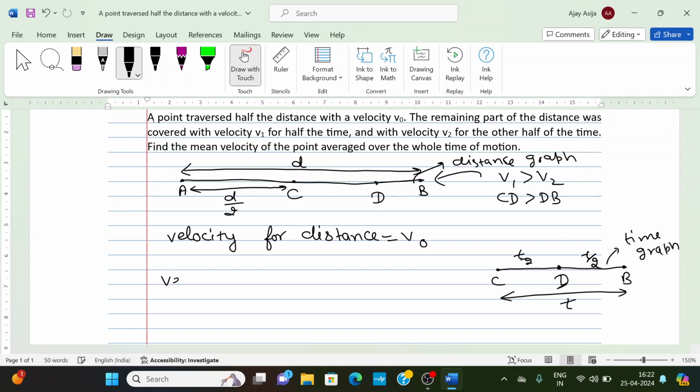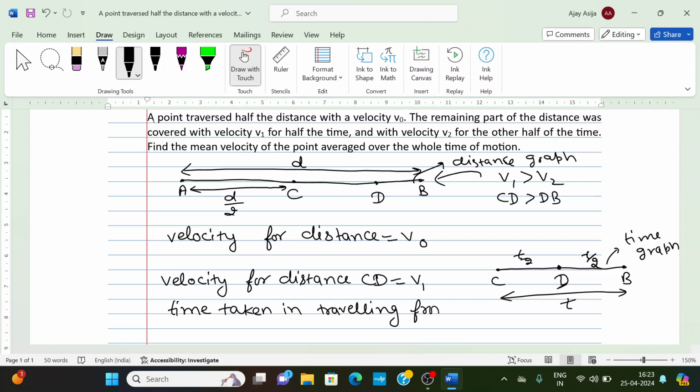Velocity for distance CD is v1, and the time taken in traveling from C to D is T by 2.